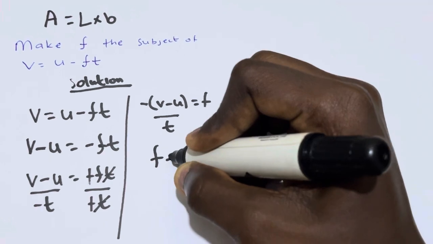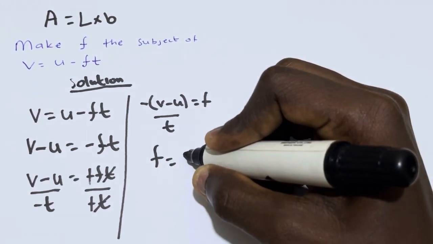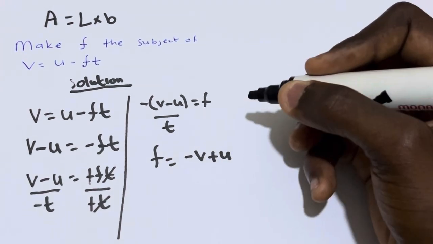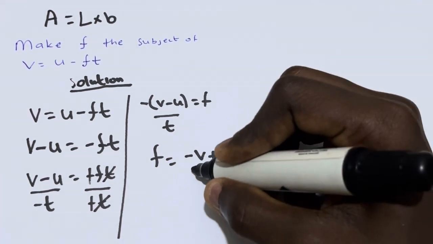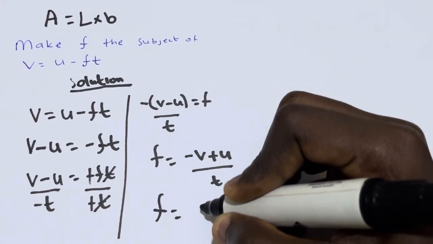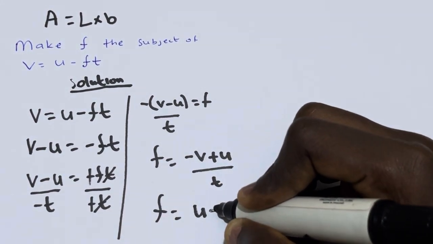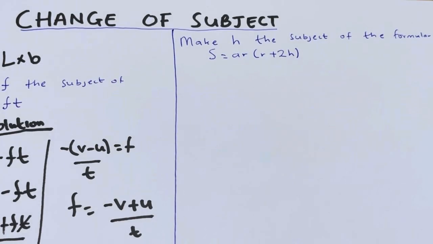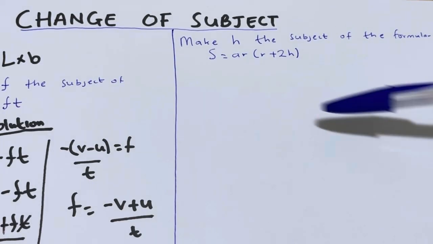So f here equals negative v plus u, because -1 times -1 is +1, all over t. So we have f equal to u minus v divided by t. Please pause the video and try to make h the subject in this formula.